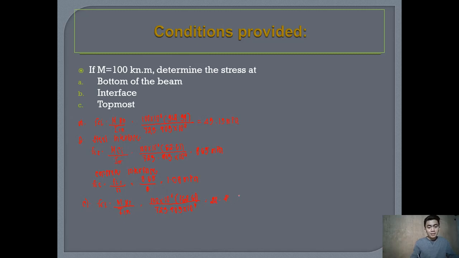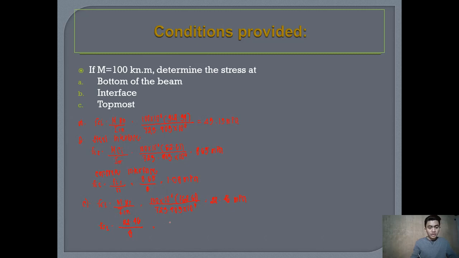So we will have here 22.46 megapascal. But take note, this one is not our final answer, since according to our correction earlier, what will be the final value now of Fs sub t, or the stress now at the topmost part of our composite beam? I will have here Fs sub t now is equal to 22.46 divided by the modular ratio, which is 8. I will have here 22.46 divided by 8, 2.81 megapascal.